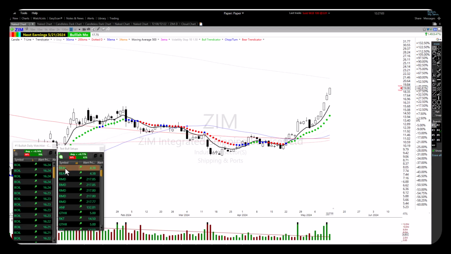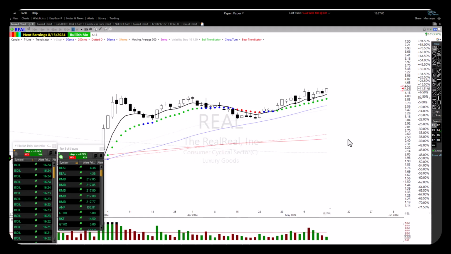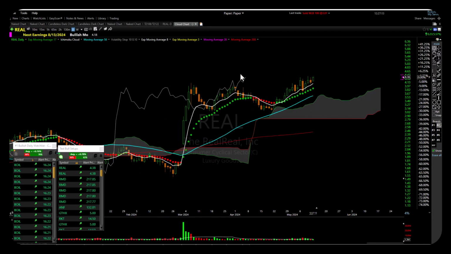Let's take a look at real right here. Look at real setting up. Now remember, this is one set up with the cloud in mind, okay? So you've got the lag line is good. I forget everything that's built into it. It's not much. Just two things, I think, for the cloud.